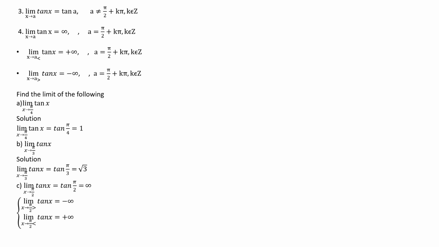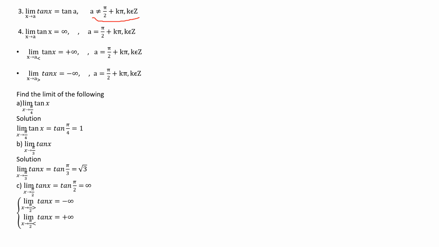Here they mean that a should be an angle different from pi over 2 and other angles in the same quadrant as pi over 2, because tan of pi over 2 will give us a math error.